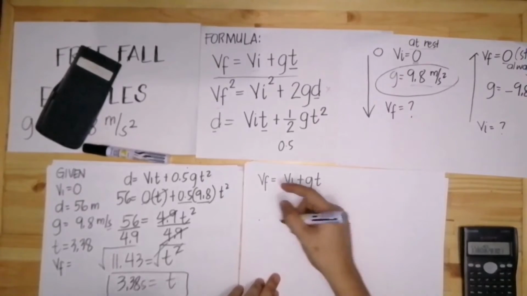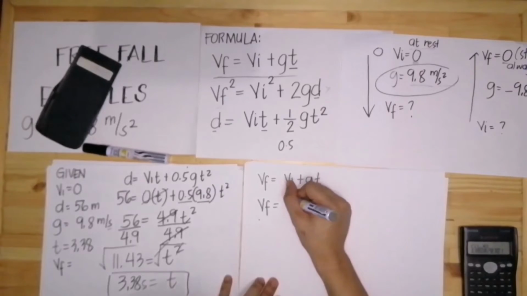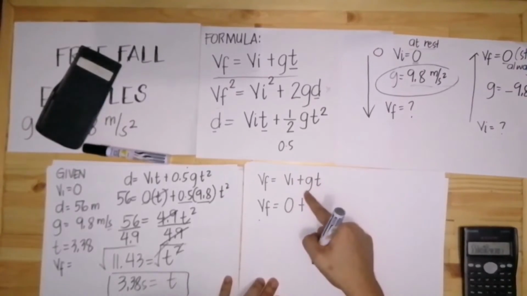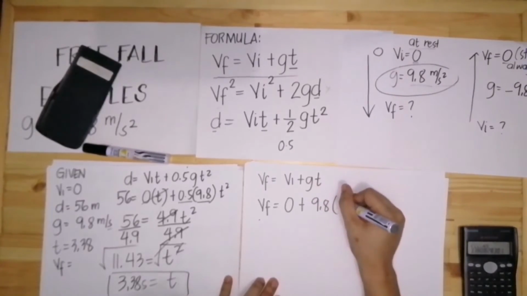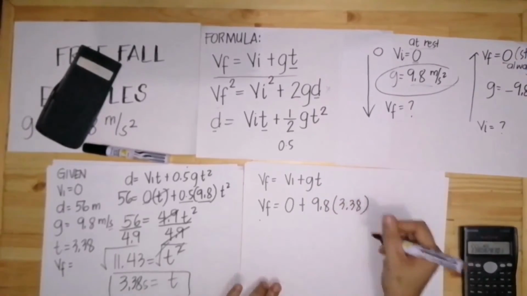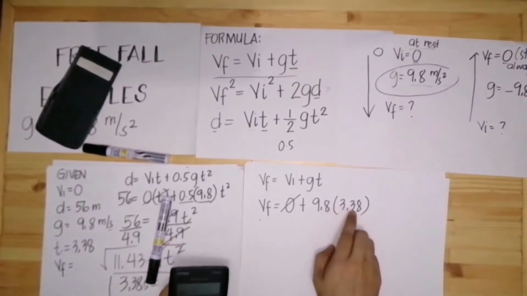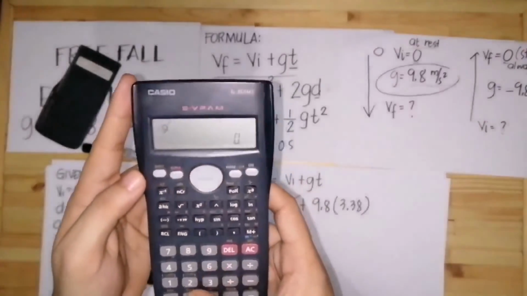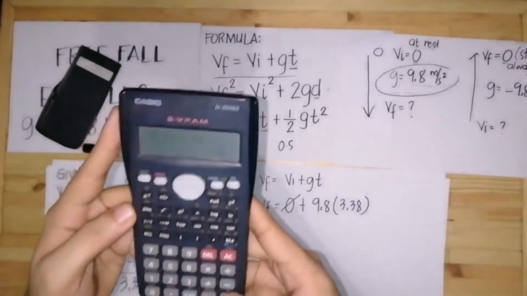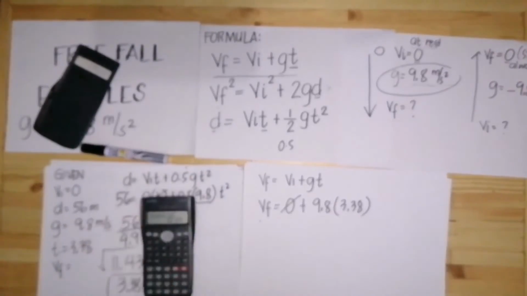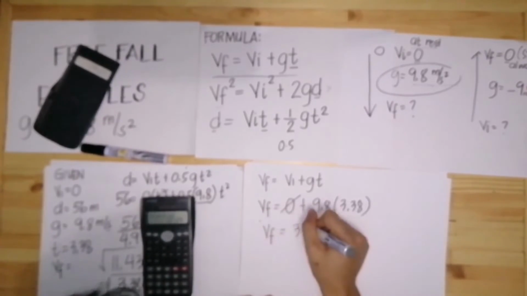Walang square dito, Gt lang. Vf equals the initial velocity, 0, plus gravitational acceleration 9.8, then the time is 3.38. So tanggalin nyo na yung 0 ulit kasi 0 lang yan. Mumultiply lang natin to. 9.8 times 3.38 is equal to 33.12. So the final velocity is equal to 33.12.